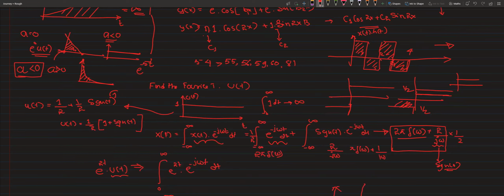What is the Fourier transform of signum of t? What is this actually? This is the Fourier transform of 1, so 2 pi delta of omega. Half the time signum of t plus 1, the Fourier transform of this will give you u of t.